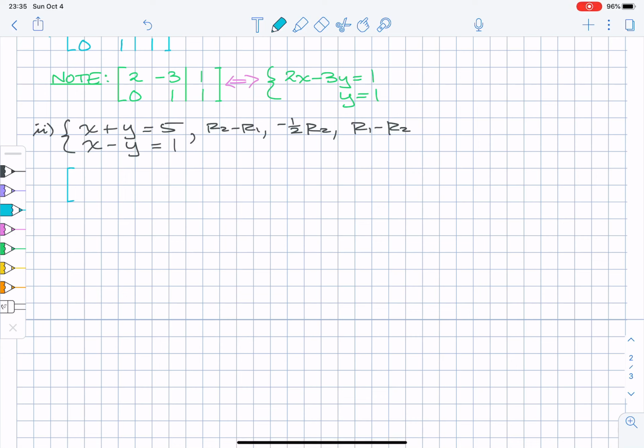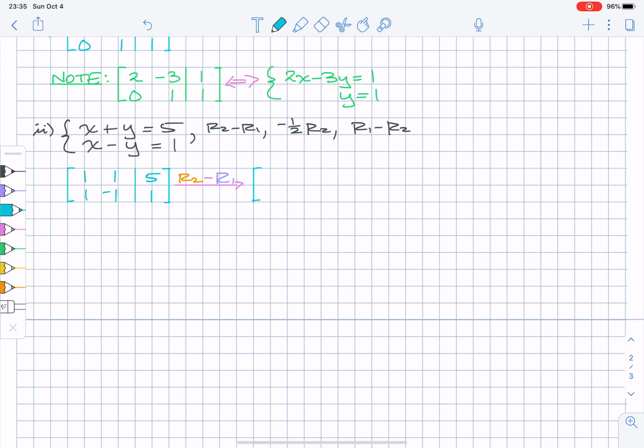The coefficients of x are 1 and 1. The coefficients of y are 1 and negative 1. Augment for the equals, and 5 and 1. So the first thing we want to do is row 2 minus row 1. That means row 2 is changing because it's written first.